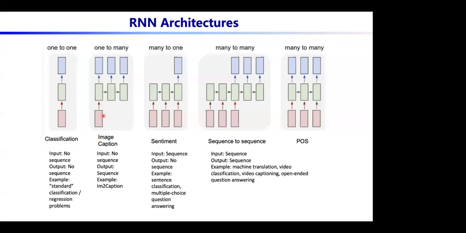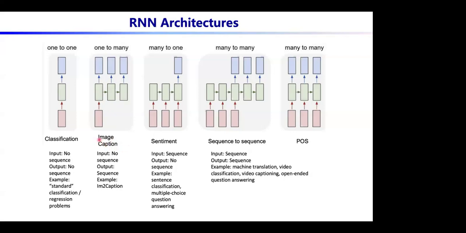Suppose we could also input a single unit of information, like an image, a vector from an image, and then we have a time series or word series of output. So it is one to many, essentially one input and many outputs. This is good for image captioning.